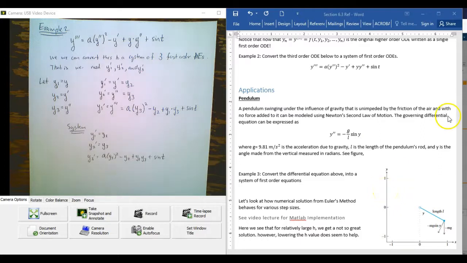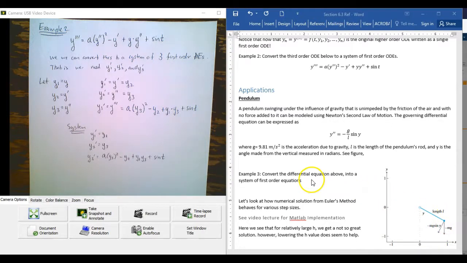So if you look at this figure here, we can see that the angle y is the angle made from the vertical with the pendulum rod, this angle here. The pendulum rod is of length L, and we have these forces, force of gravity versus the force, angular momentum of the pendulum bob here, okay?